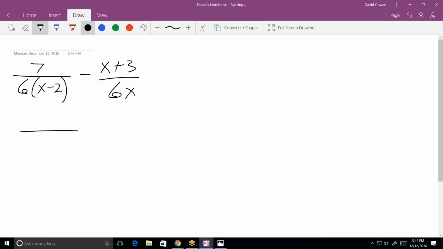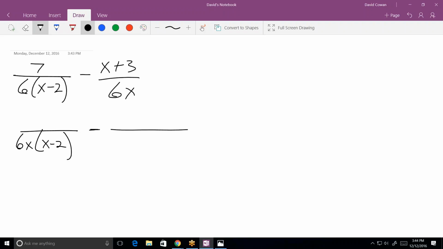Now, when I'm doing least common denominator, I always do it like this. Because to me, it's the way to minimize mistakes. So the least common denominator would be 6x times x minus 2. Good. You don't need the other 6 in there.